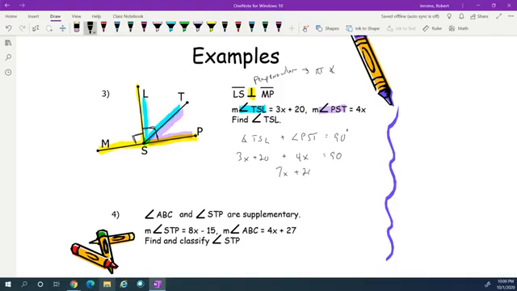A little bit of work here. And we got x. Of course, we're going to reread the question, and it says find TSL. So that's 3 times 10 plus 20. And we have 50 degrees for angle TSL.